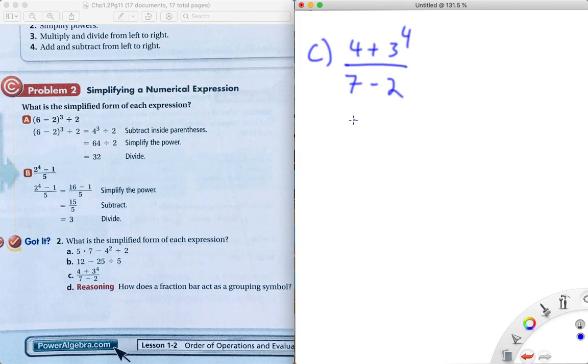So the next step will be 4 plus 3 times 3 times 3 times 3. What is 3 to the 4th? 4 plus 81 over 7 minus 2. So that's, we did power.